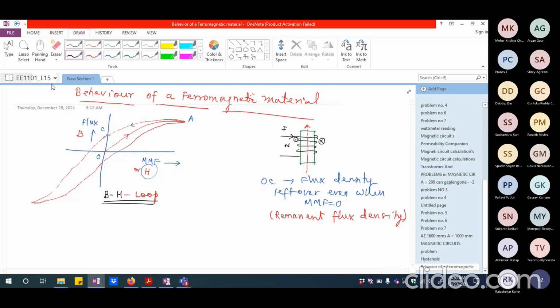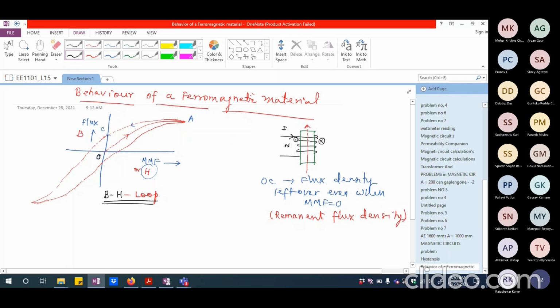So in the BH loop, if this is O, I am going to have O to A initially as the variation when I am taking a new sample of iron. And when I am trying to reduce the current through the coil wound around this ferromagnetic material, it is going to come down, but very reluctantly. It is not going to come down very easily.